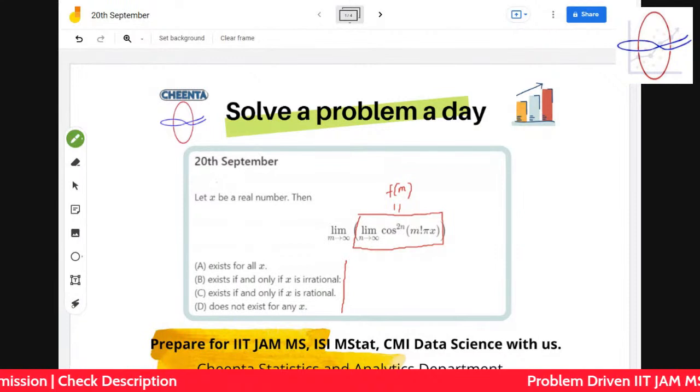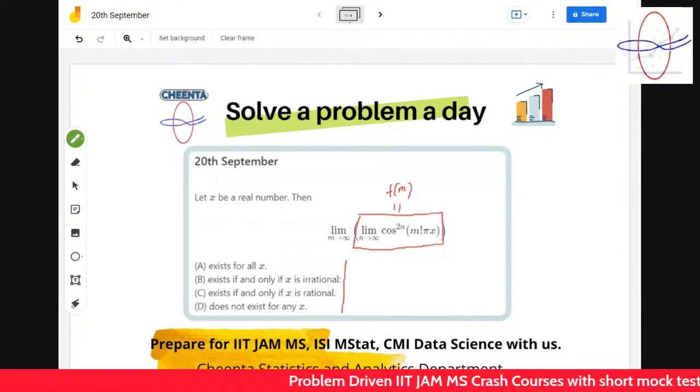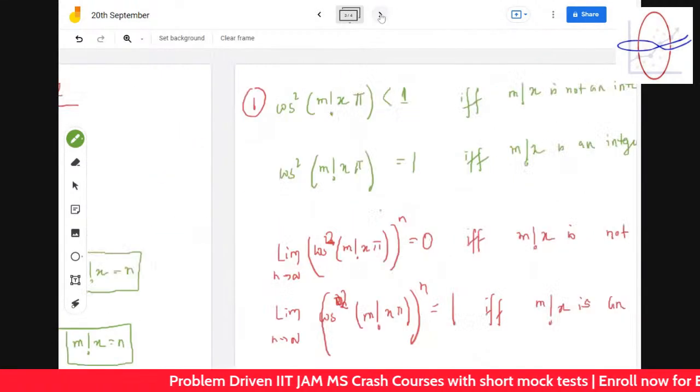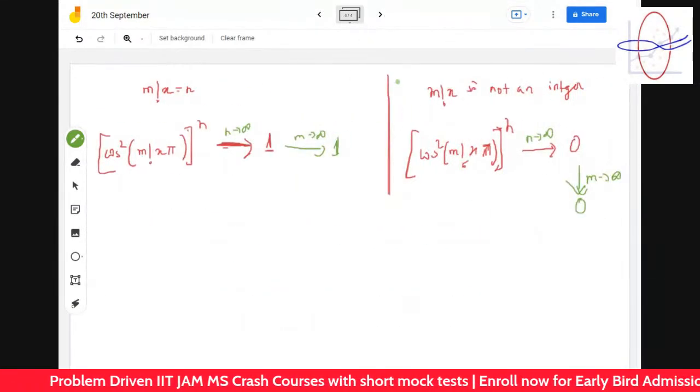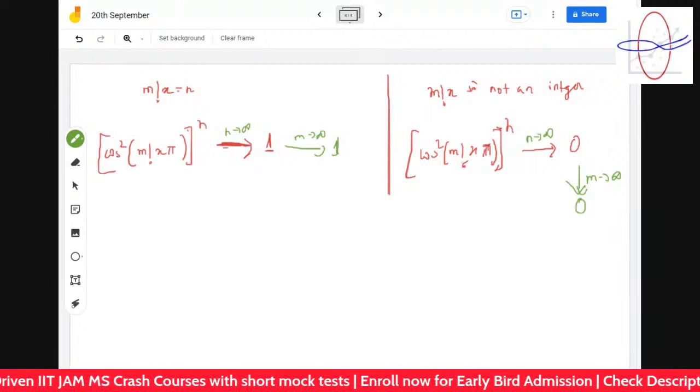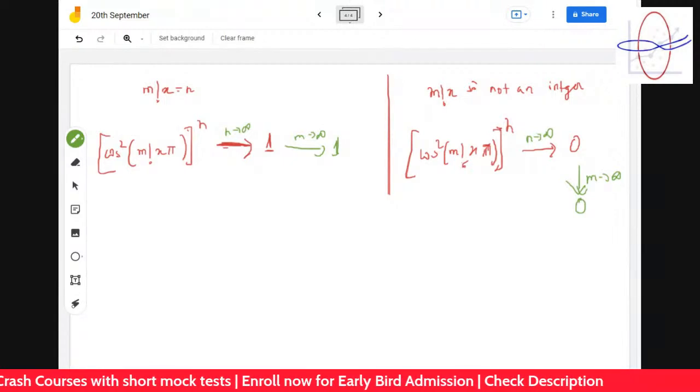So let's understand this very carefully. So what we are getting over here, yes, this is the idea we're getting.